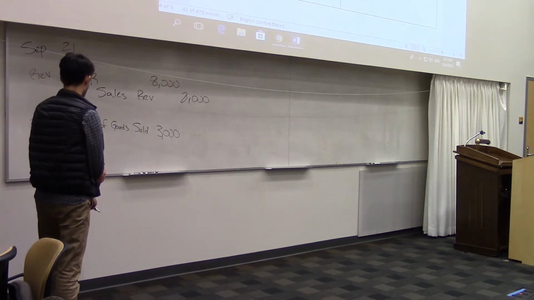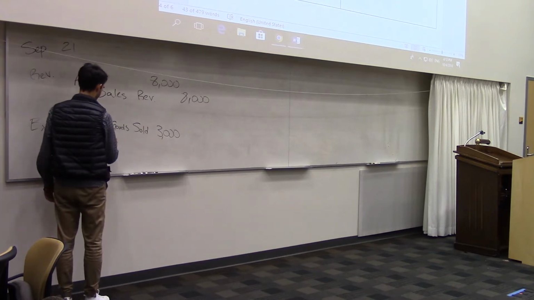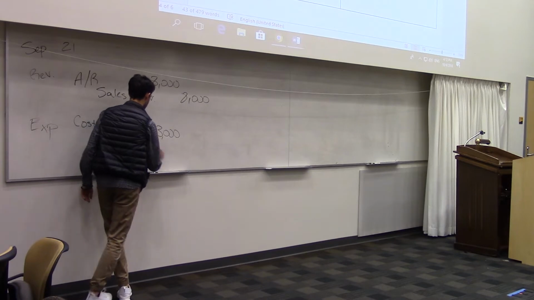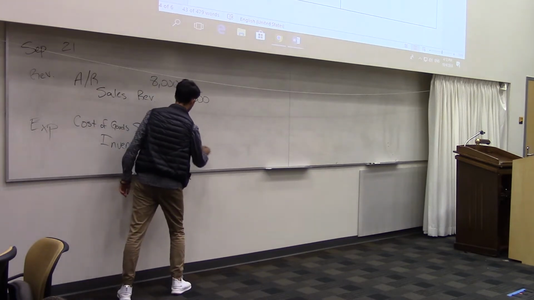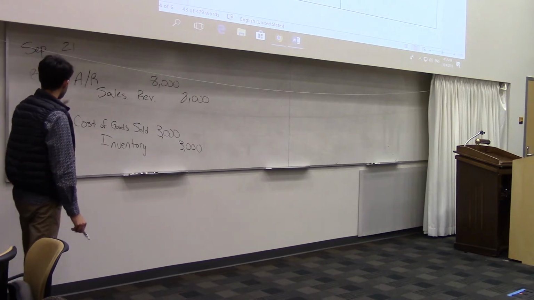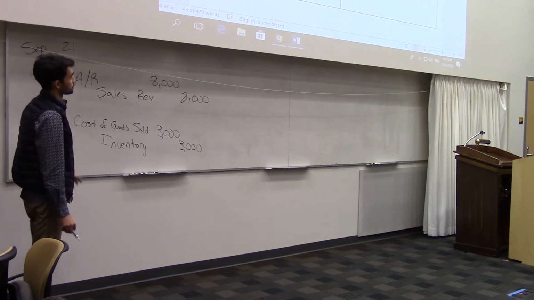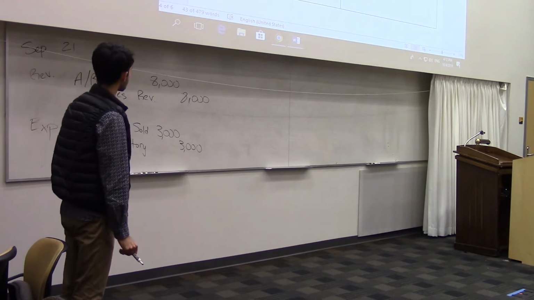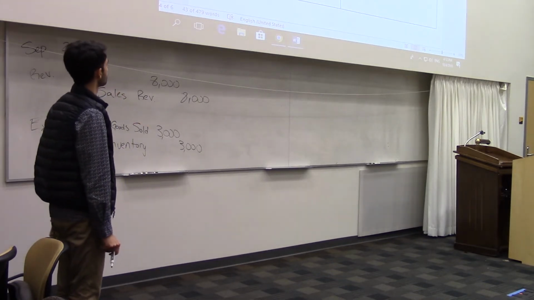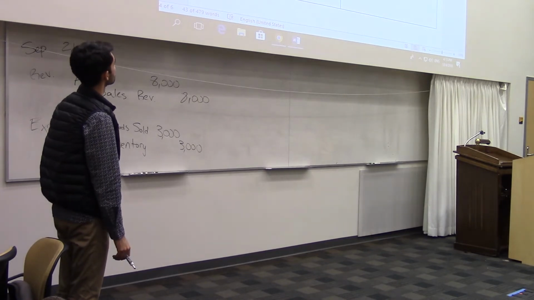And then credit what? Inventory. There we go, inventory. We're selling inventory, so we will decrease the asset. This is the journal entries for selling inventory. It's the exact same journal entry every time. The numbers will just be different.